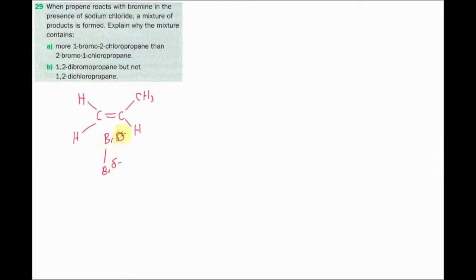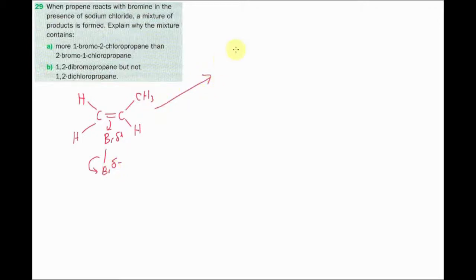That's going to be partially positive because the electrons from this electron-rich double bond are going to push the electrons that way and create this induced dipole. And the electrons from here are going to form a bond here, and this bond here is going to break by heterolytic fission to leave this negatively charged like that.